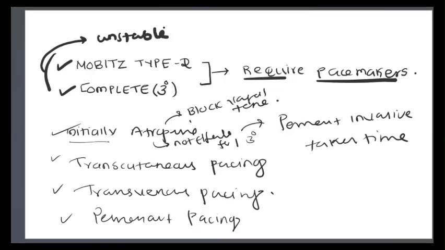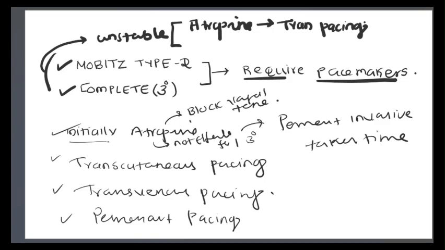Inserting a pacemaker is an invasive procedure, so in the beginning, to stabilize this patient, we give atropine. After that, we will attach a transcutaneous pacing device, then transvenous, and then we will insert a permanent pacemaker.